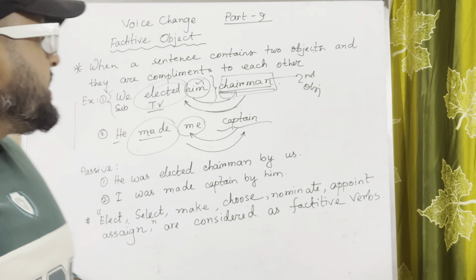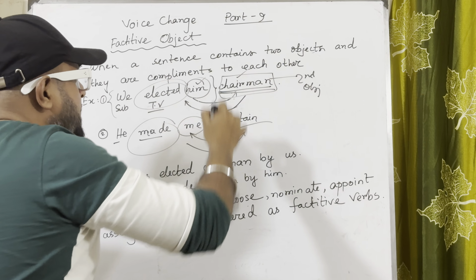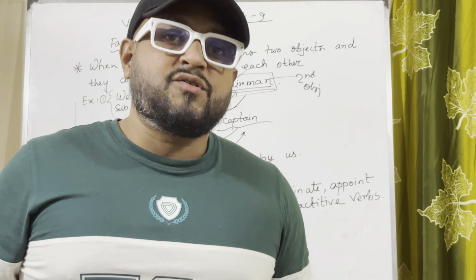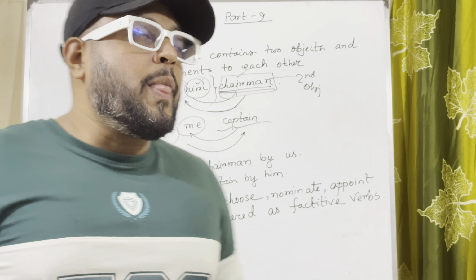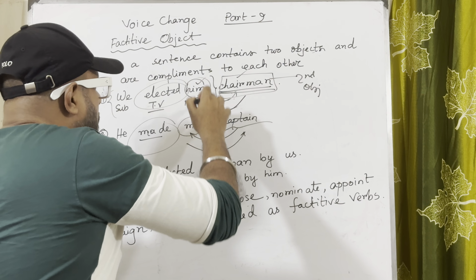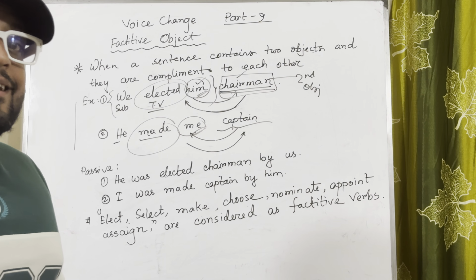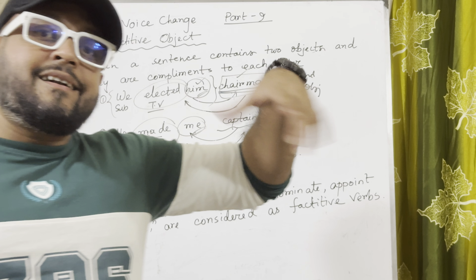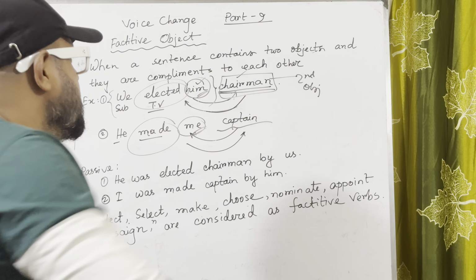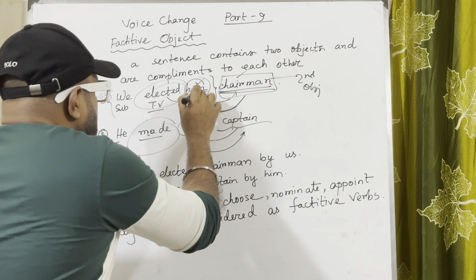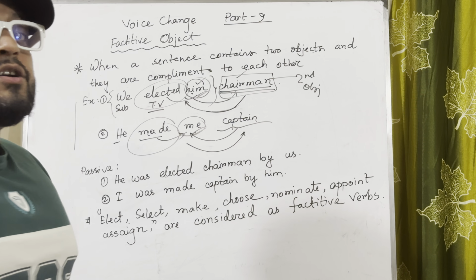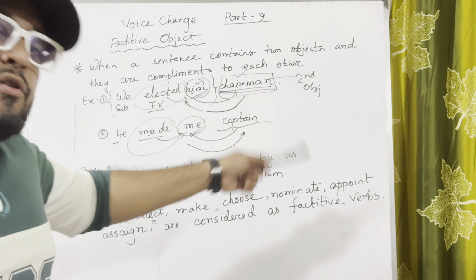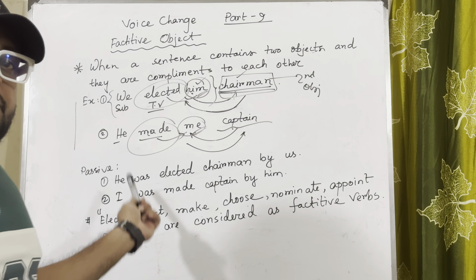That means you cannot bring chairman to the subject position when you change it into passive. But how? The very simple trick: the object that came from the pronoun, that means the first object after the factitive verb, you need to use that object. Got it? And that will come at the subject position.